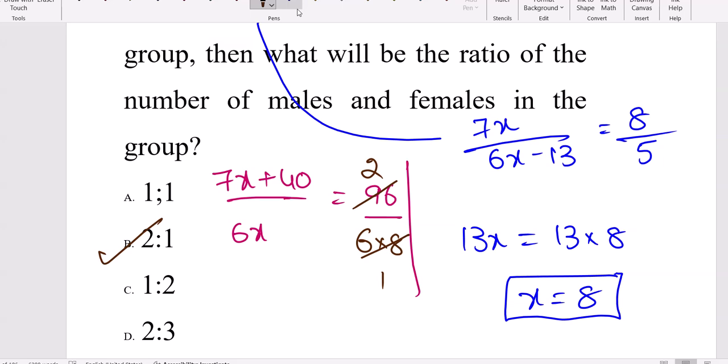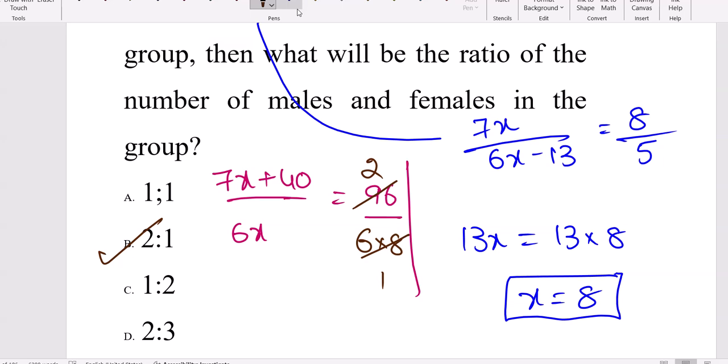After 40 people joined, the denominator 6x minus 13 is required, or else they have to mention females initially in the group. In the question, a bit of clarity is required. They have to mention the number of males after 40 people joined with respect to females initially in the group. That will make the question clear.